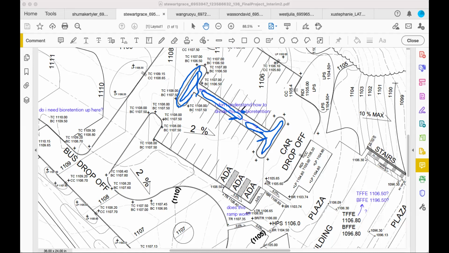Keeping the contour connection points constant, you can manipulate and make it flexible in how you connect these contours in between. Does that make sense?